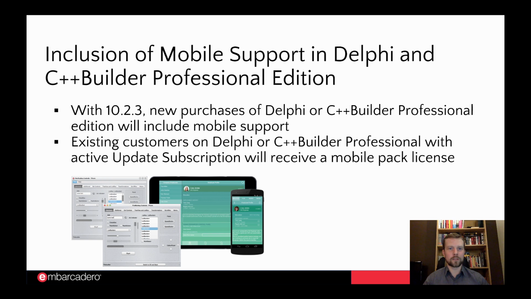Now in 10.2.3, the Professional edition of Delphi and C++ Builder includes mobile support out of the box. Existing customers on Delphi or C++ Builder Pro with an active update subscription will get a mobile pack license. And that means when you buy Pro, you will be able to target all the platforms that you would expect: Windows, macOS, iOS, and Android, just with the Pro SKU. And this is very exciting.